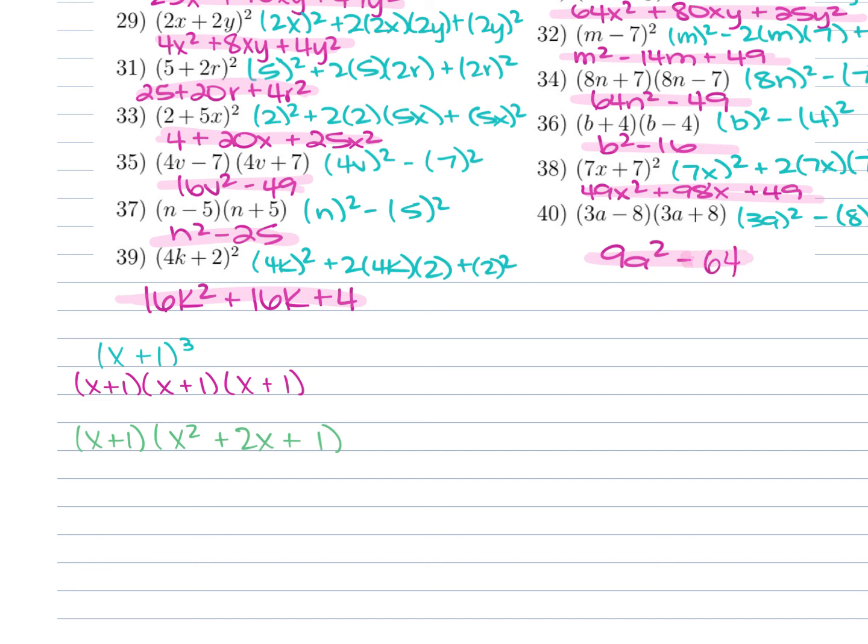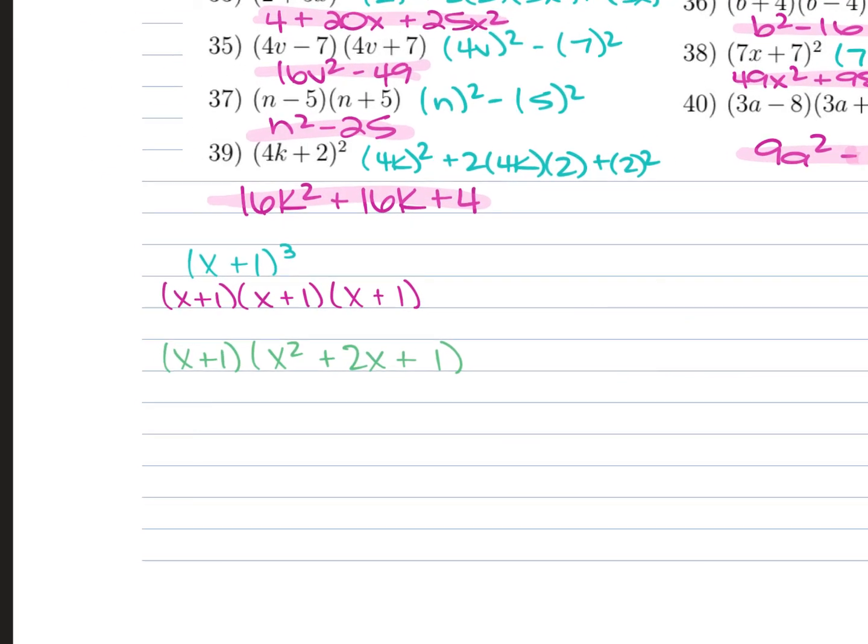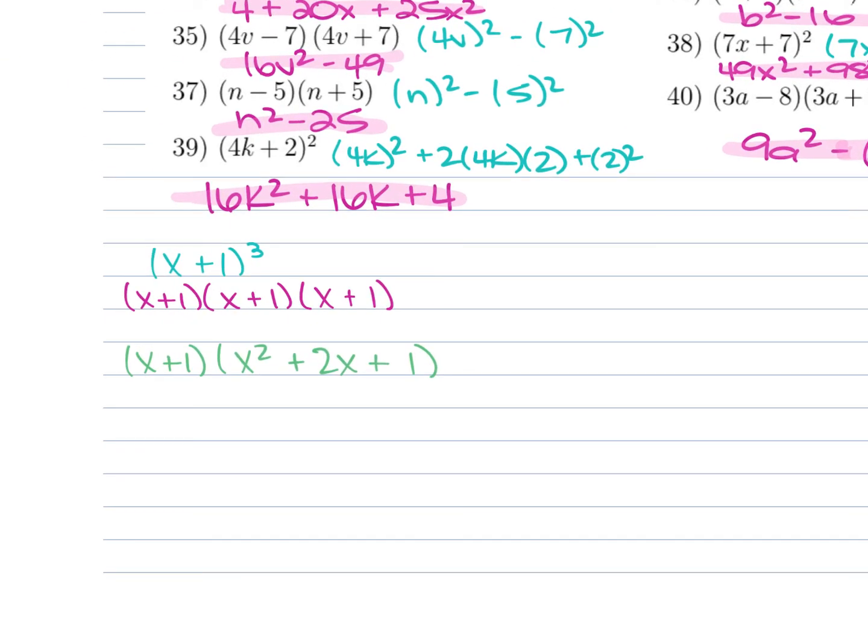Okay. All right, so continuing with that extra one that I wrote down for you. The x plus 1 times x squared plus 2x plus 1. You got to just sort of FOIL it out. Distribute the x in, then distribute the 1 in, and combine like terms. So x times x squared is x cubed. X times 2x is 2x squared.